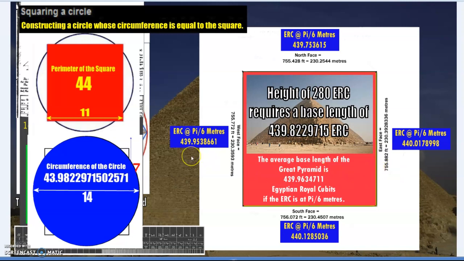But just to clarify, when I'm talking about squaring a circle in regards to the pyramid, it's creating a circumference and a perimeter of the square, not the pure form of creating equal areas. But the issues in doing this are essentially the same.